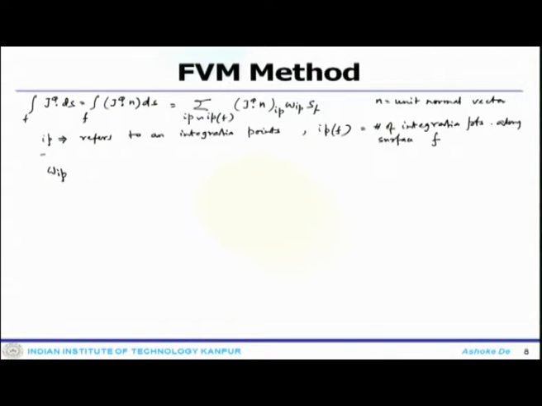WIP is the weighting function, and it primarily depends on the number of integration points.